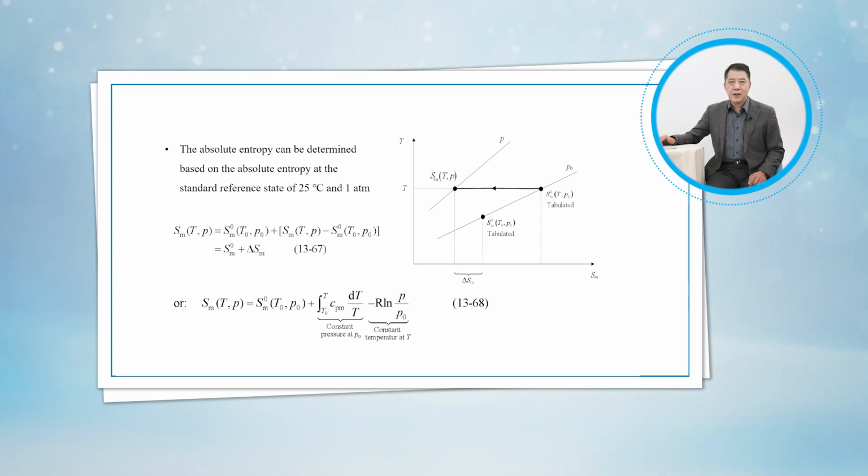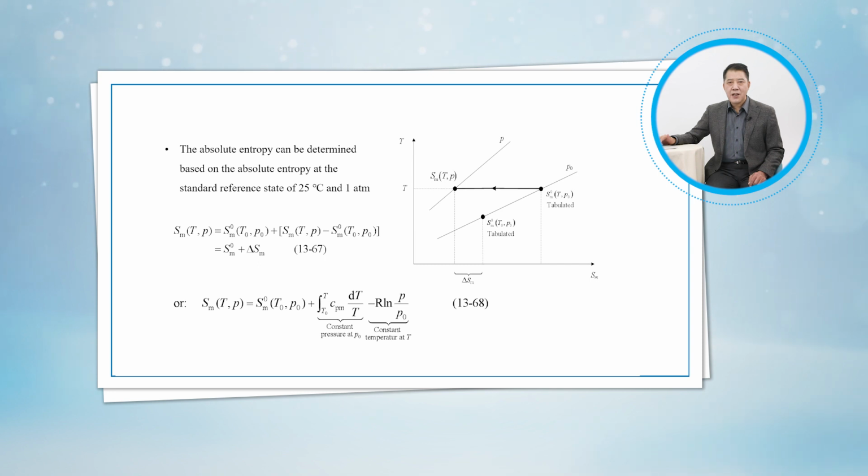The second term of the right-hand side of equation 1368 is the entropy change isobarically from state T0, P0 to state T, P0, which is determined by the second dS equation, while the third term of the right-hand side of equation 1368 is the entropy change isothermally from state T, P0 to state T, P, which is determined by the second dS equation for ideal gas.